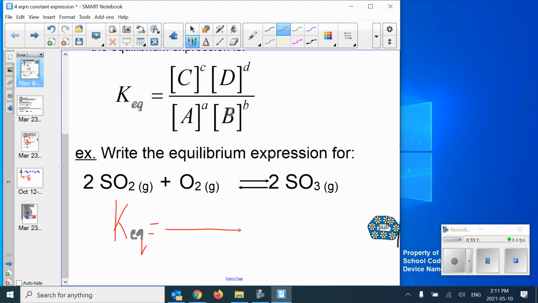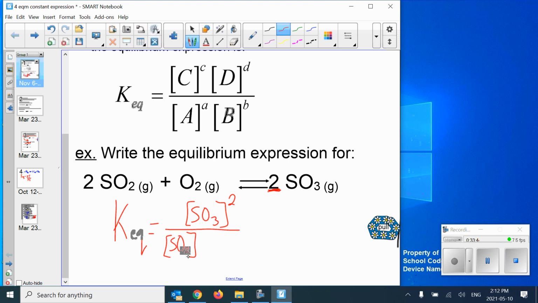So I draw a big line. I put my product on the top, right inside, SO3, in square brackets. That means I'll put in concentrations if I have to. It's squared because of the balancing number in front of it. On the bottom, I put the left side, the reactants, SO2.